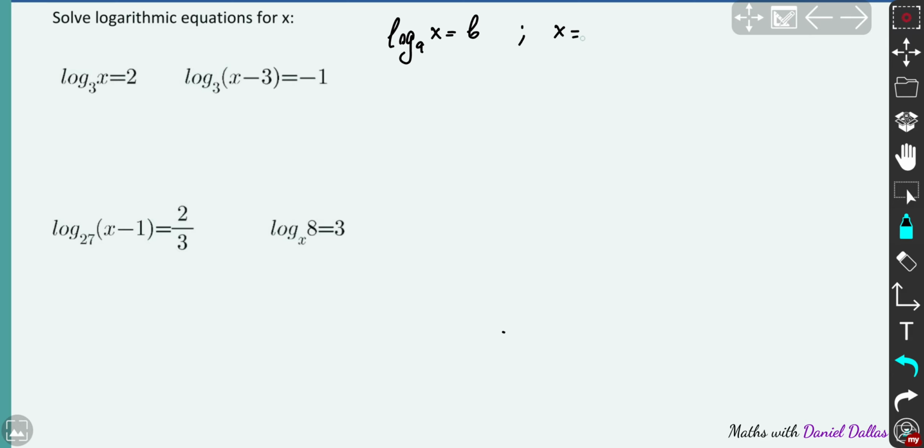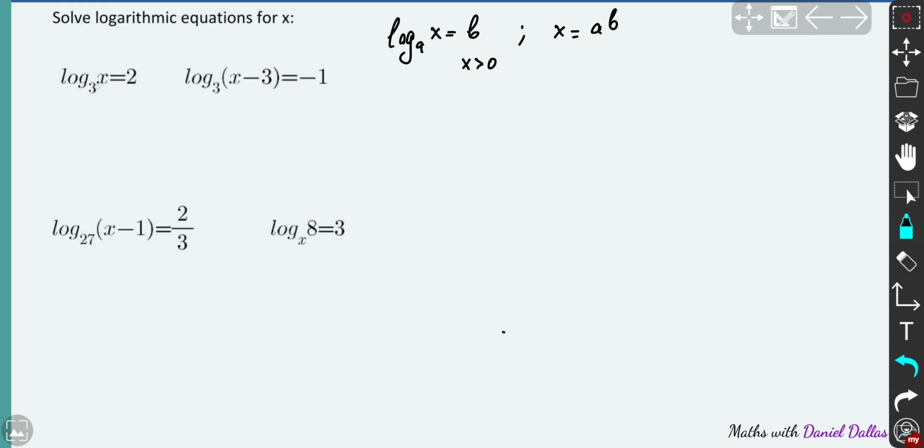So that's the instruction for solution. So x is going to be a to the power b. Also make sure you remember that x is going to be strictly more than 0, and that's enough to understand what your solution is and whether it works or not.